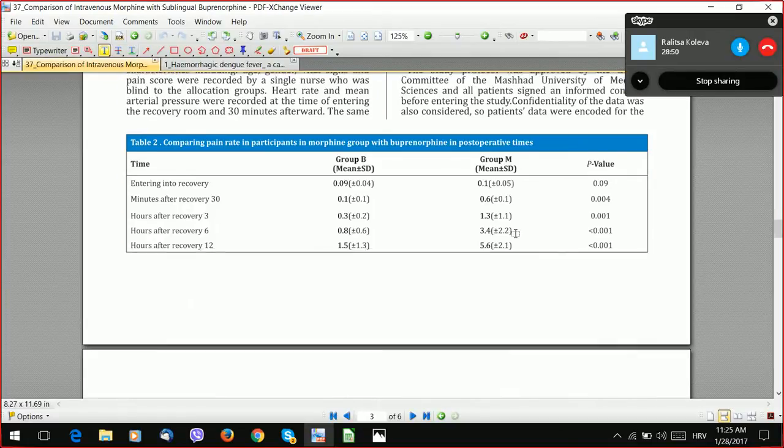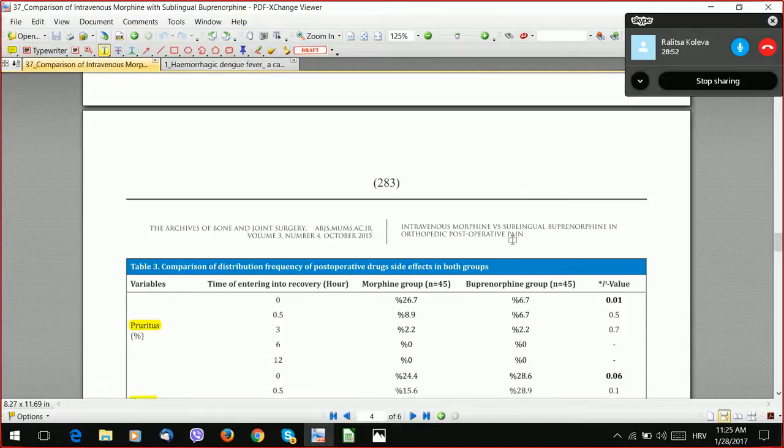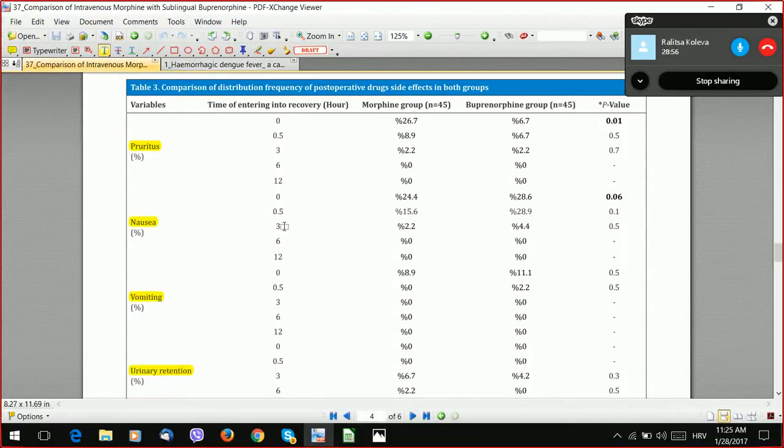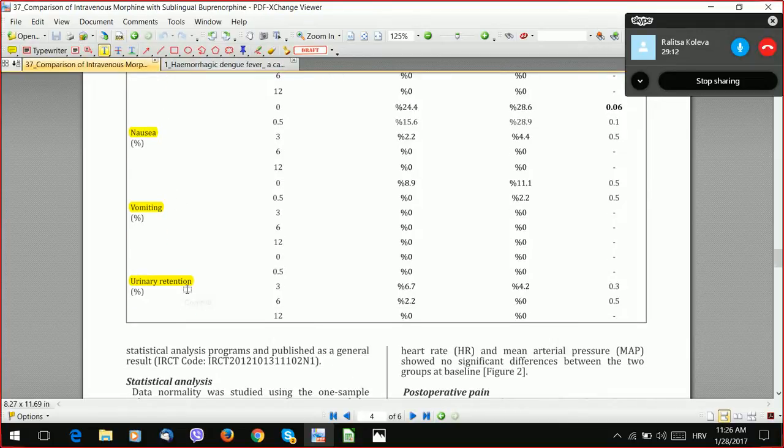So I'm going to move on, and here in this table you can see the frequency of post-operative drug side effects in the patient group discussed in the article. So there were some adverse events: pruritus, nausea, vomiting, and urinary retention.